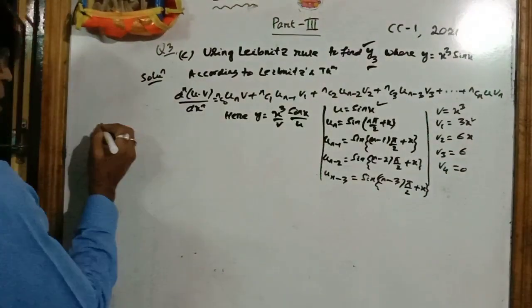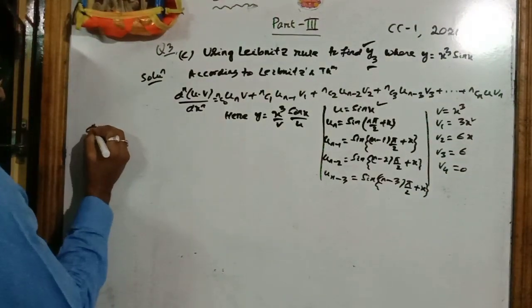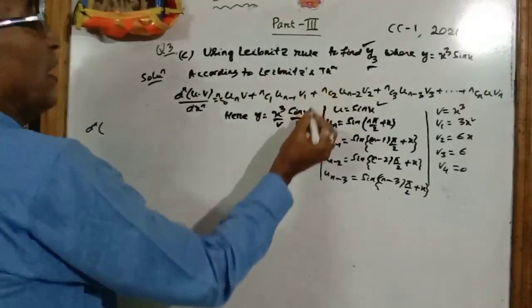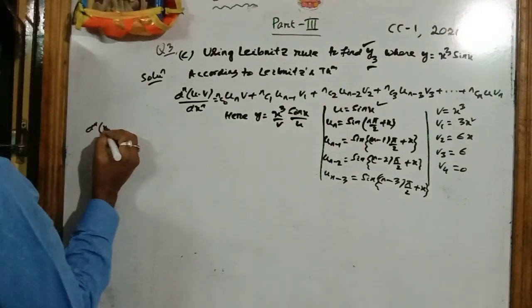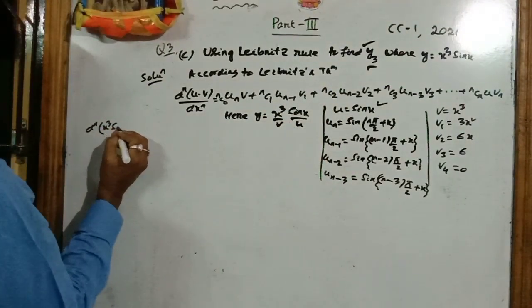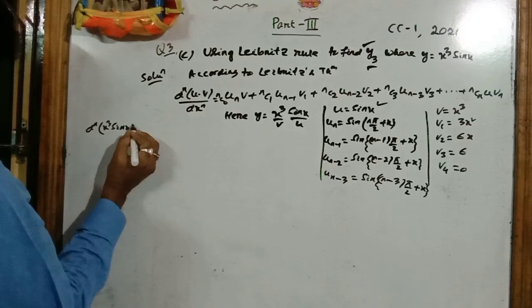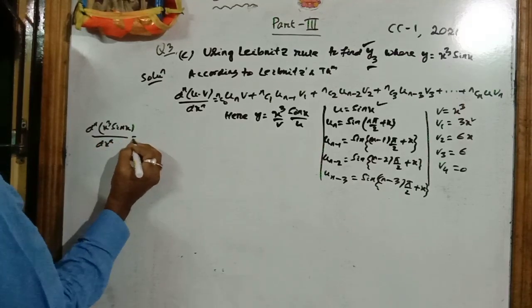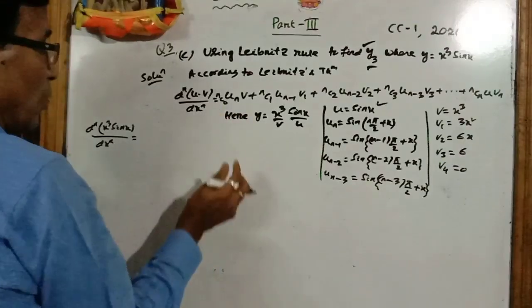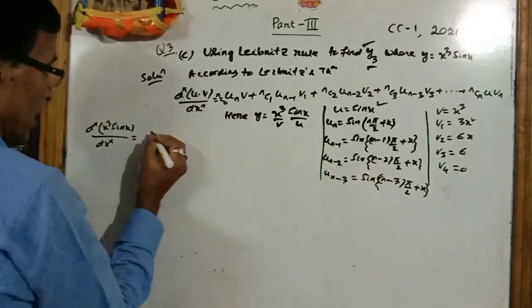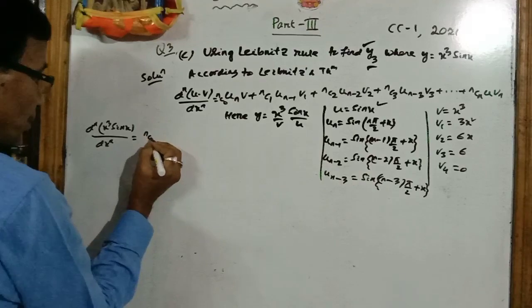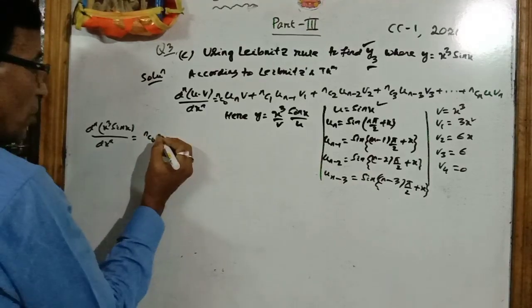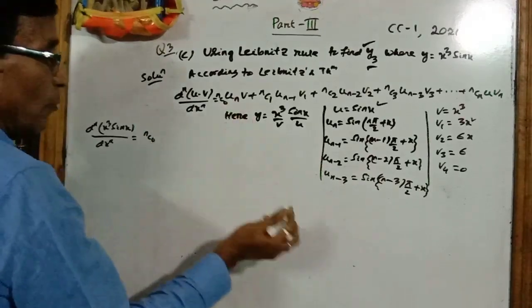So nth derivative of uv, that means nth derivative of x cube sin x with respect to x, according to Leibniz theorem, will be equal to nC0 un v. What is un?